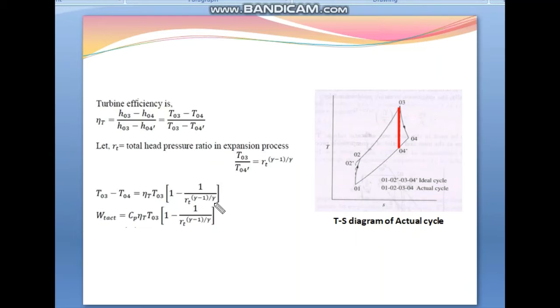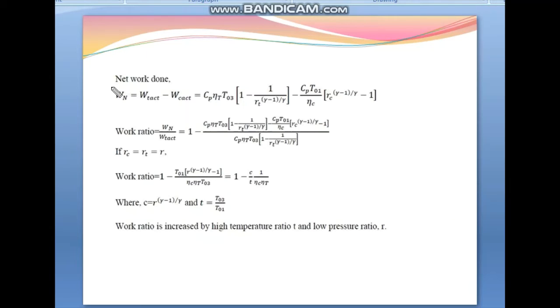Again, the actual turbine work output, WT act, is Cp into this temperature difference. So we get the actual turbine work output: Cp into eta T into T3 into 1 minus 1 by RT to the power gamma minus 1 by gamma.